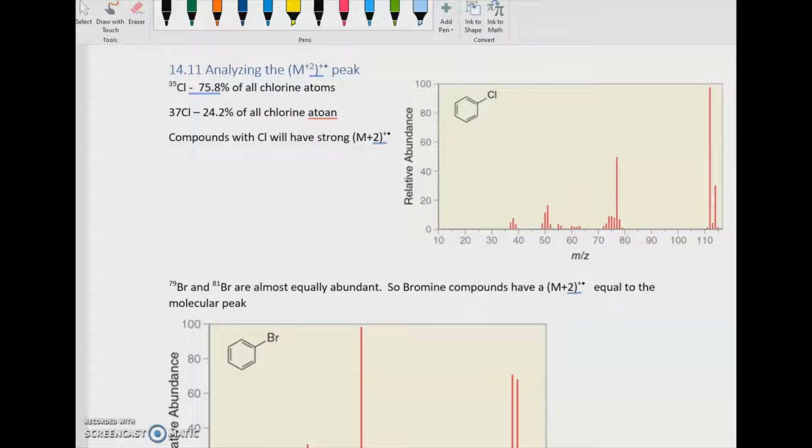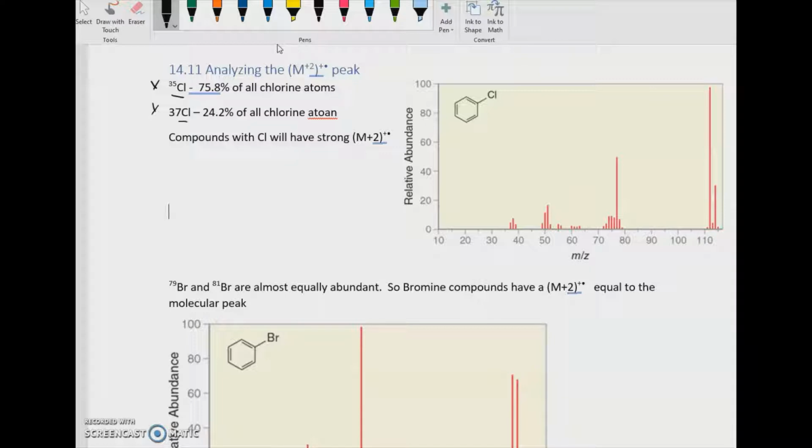So in nature, we find that 75% of the chlorine is chlorine-35, and the other 25% is chlorine-37, which has two extra neutrons.